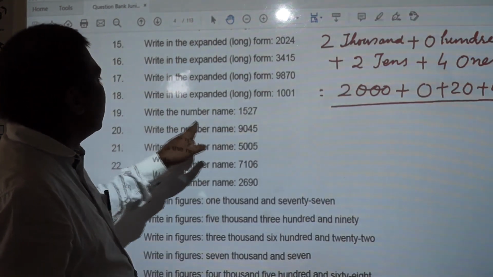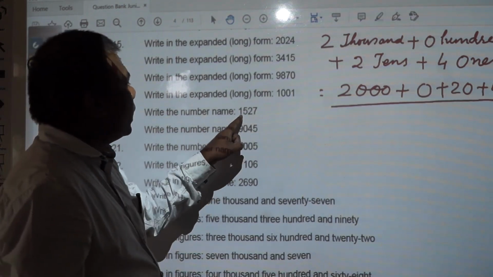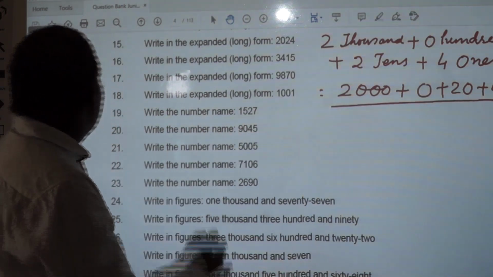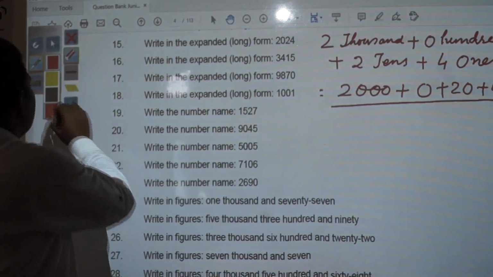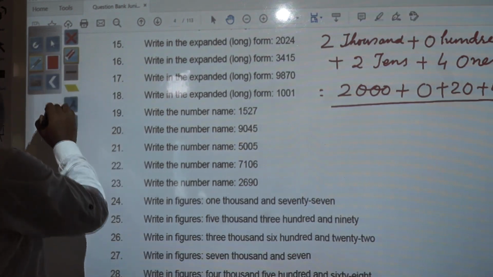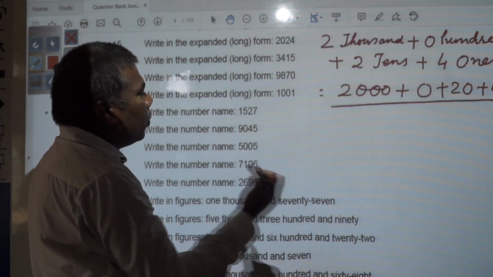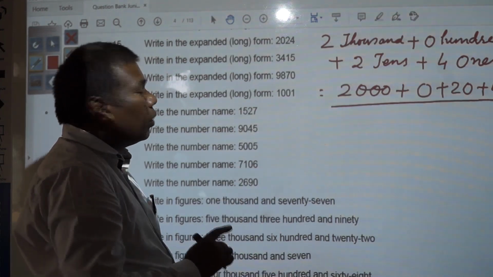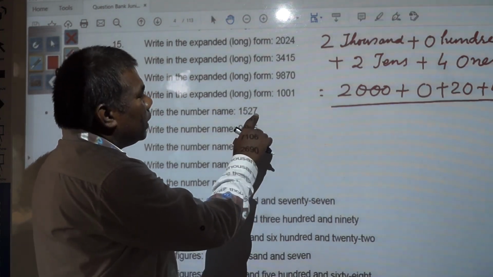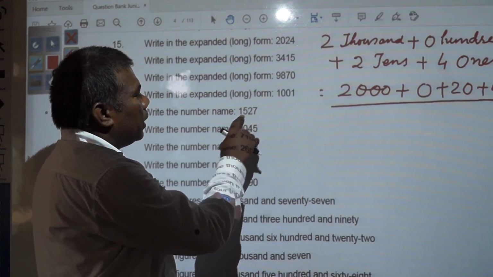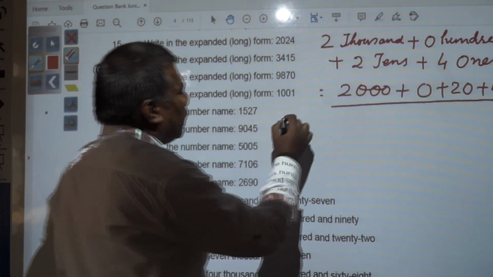Next you have to write the number name. Here you see how you will know how it is to be written. First you need to know which digit is in which place. So this is ones, tens, hundreds, thousands.